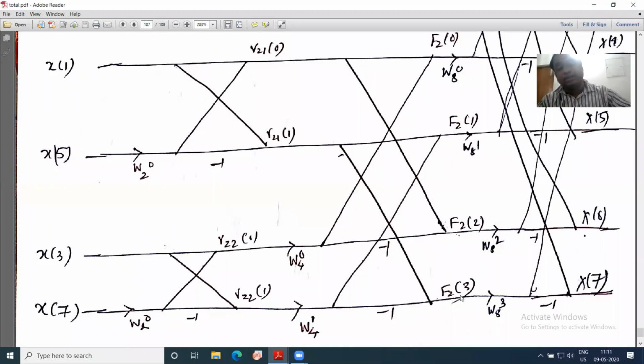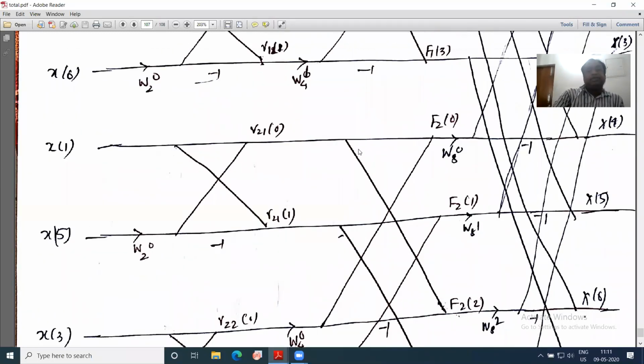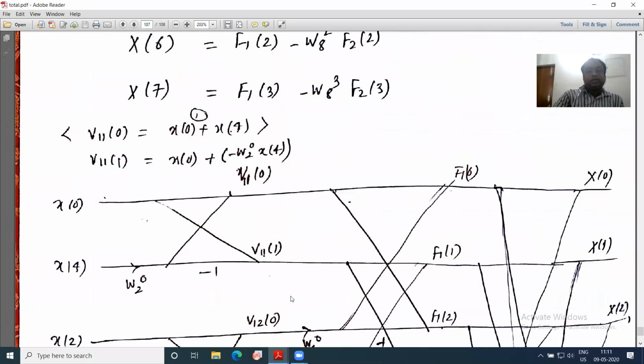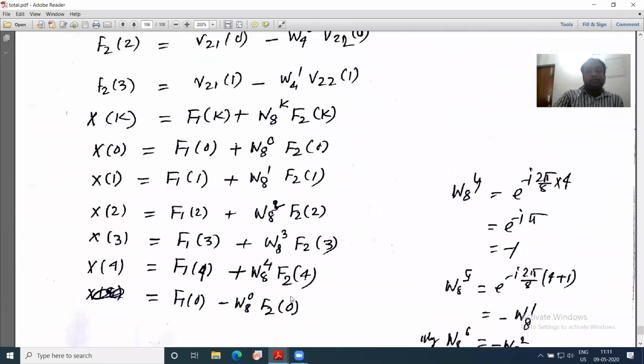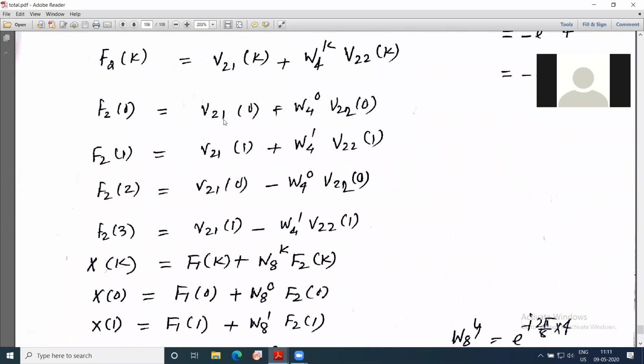Now, if you look at these 4, again same thing. f2 of 0 is equal to V21 of 0 into V22 of 0, into W40. f2 of 1 equal to V21 of 1, W41, V22 of 1, like that.